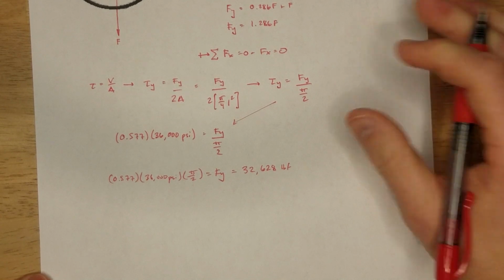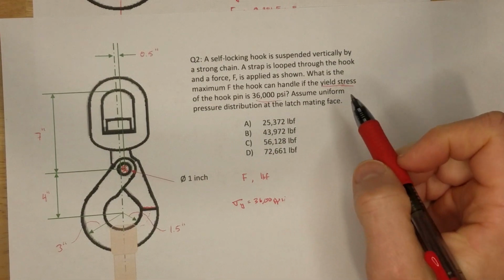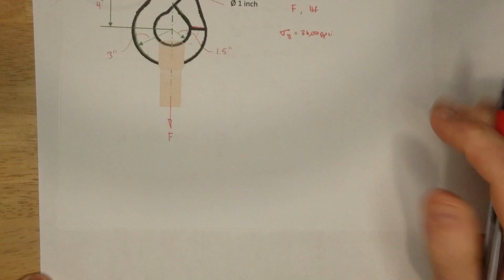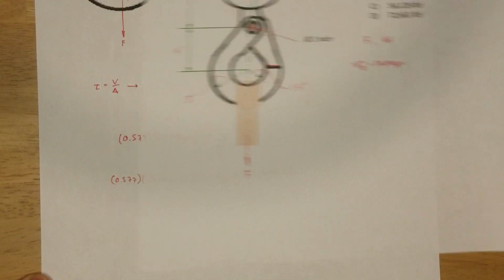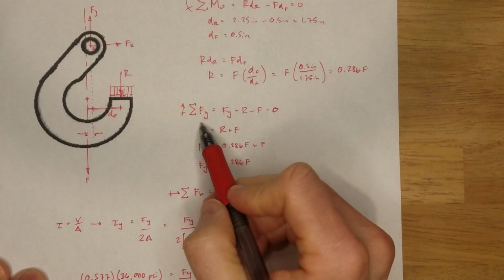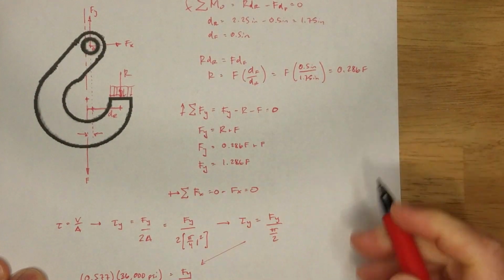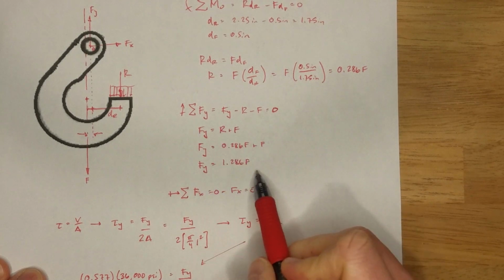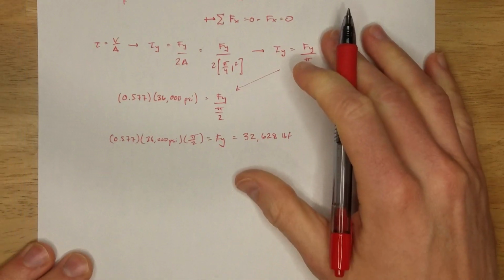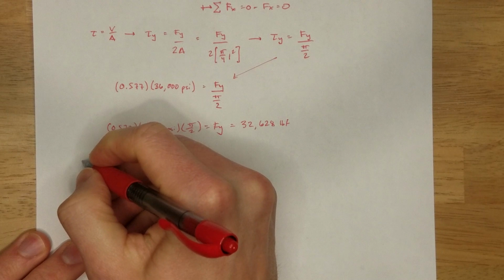We need to solve for F. Remember, we're solving for the maximum F. This guy. Okay. Let's come back to our sum of forces in the y direction equation and solve this.